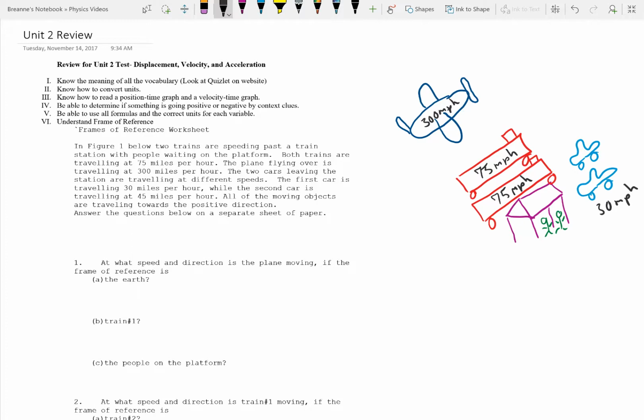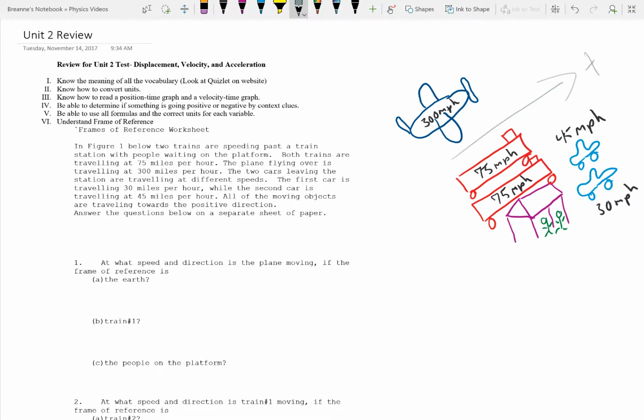The second car is traveling at 45 miles per hour. So all the moving objects are moving towards the positive direction. So we're just going to say a positive direction would be in that direction. So that direction is going to be positive because it's to the right.